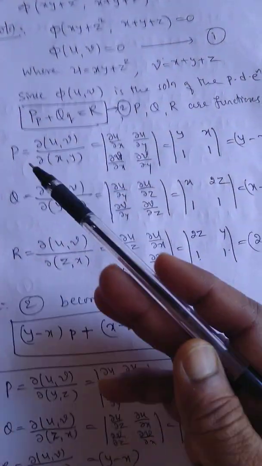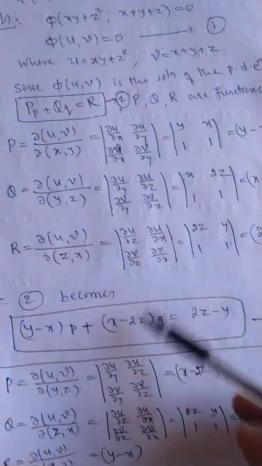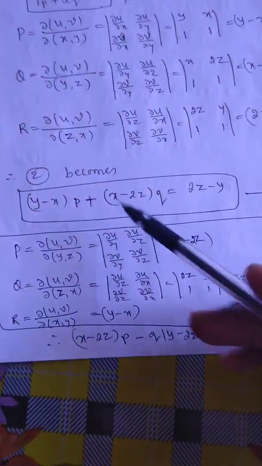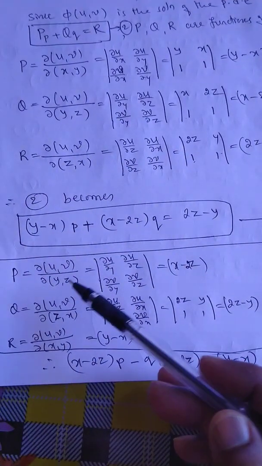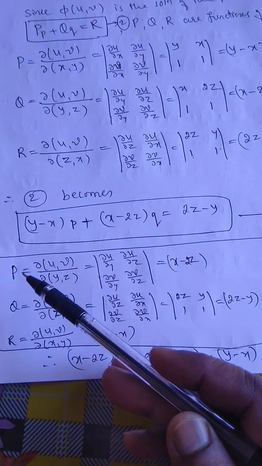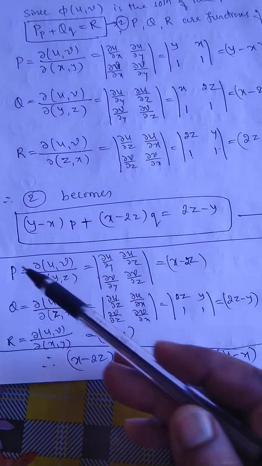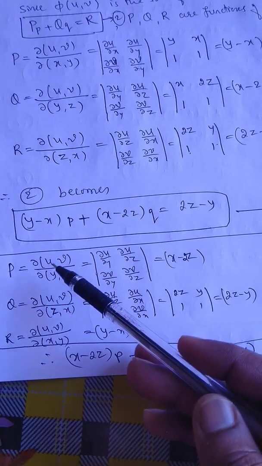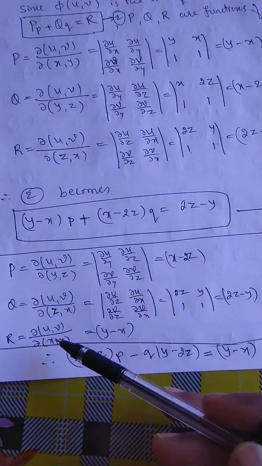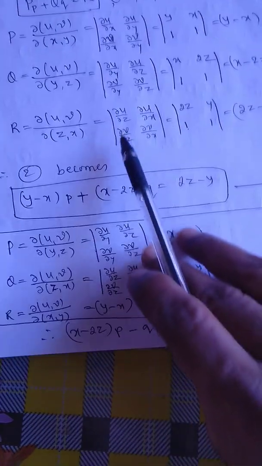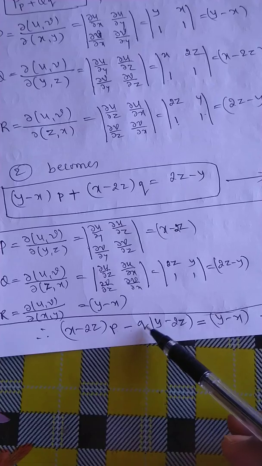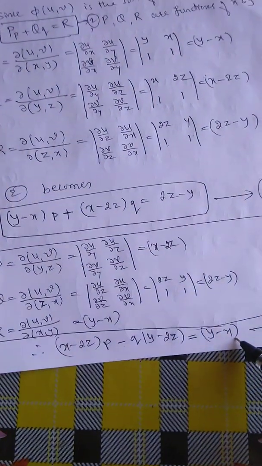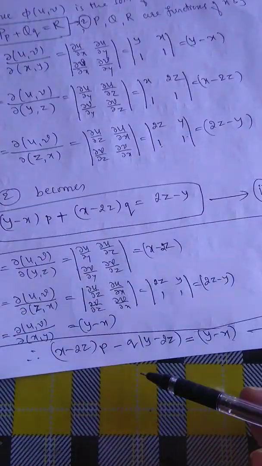And you can also change P, Q, R by writing, instead of (u,v) with respect to (x,y), you can write (y,z). You can calculate the Jacobian of (u,v) with respect to (y,z). So P by this Jacobian, Q by this Jacobian, R by this Jacobian, so that we have (x − 2z)p − (y − 2z)q = y − x, either this or this.